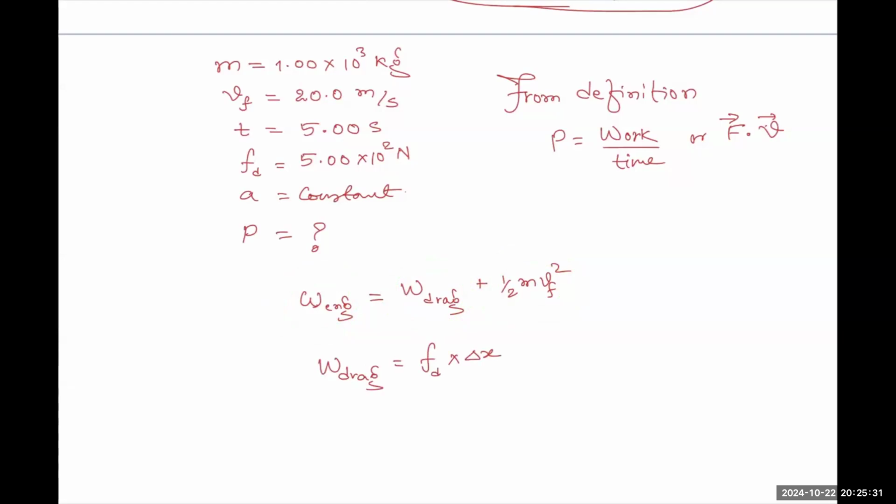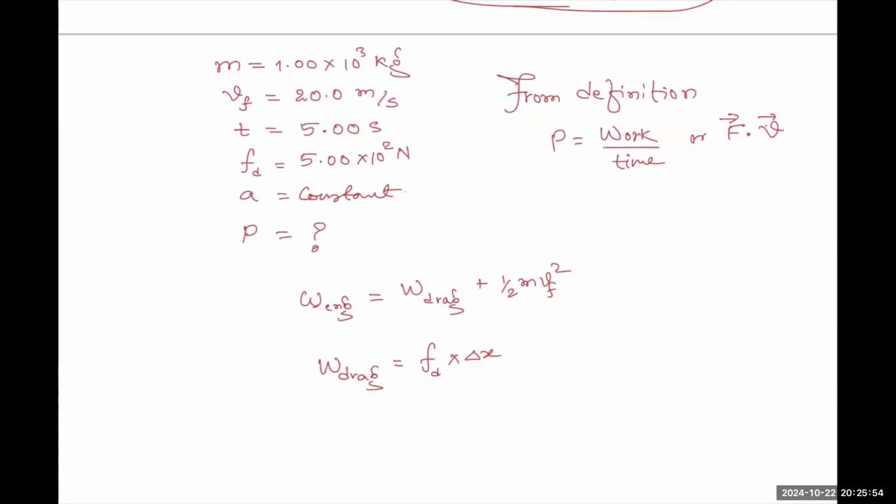Make sense? So now this drag force depends upon my path. The drag energy is not force times velocity, it is force times the displacement, right? So that's my energy.